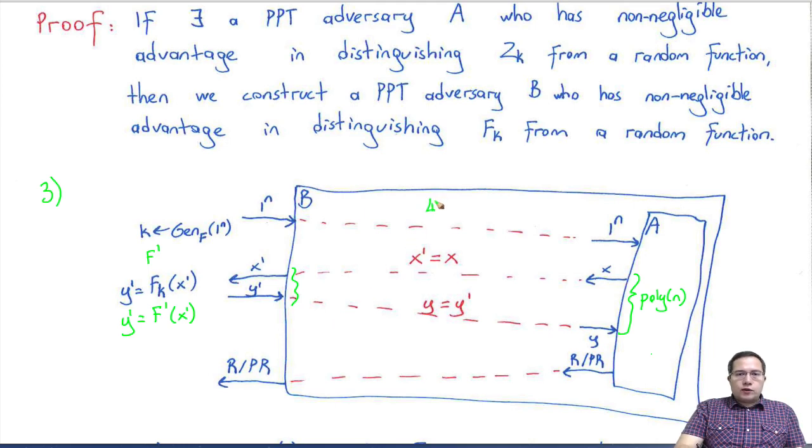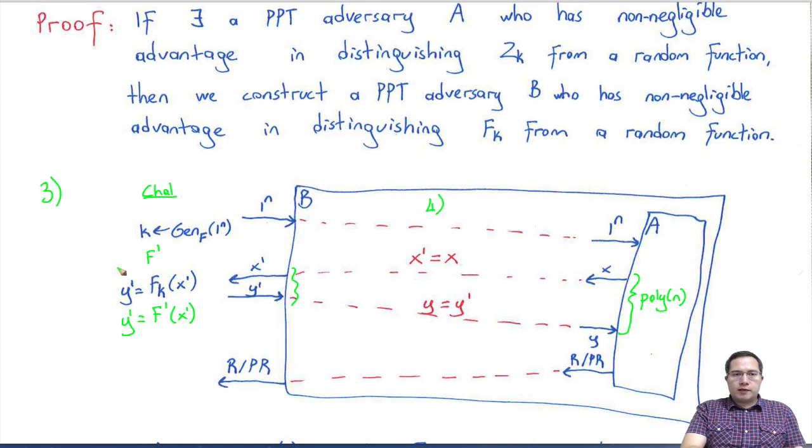So this is the third thing. The fourth item is filling in the code for B. In this proof, it turns out to be extremely simple. B just passes this security parameter to A. Whatever query A makes as x, B will set x prime the same as x, and then query its own challenger. Remember, for this challenger, we know exactly how it will behave. It is here.